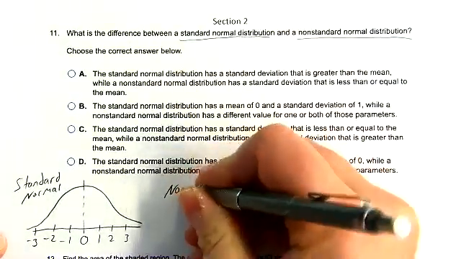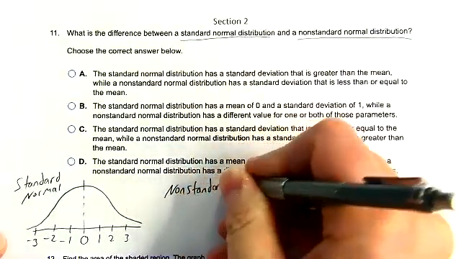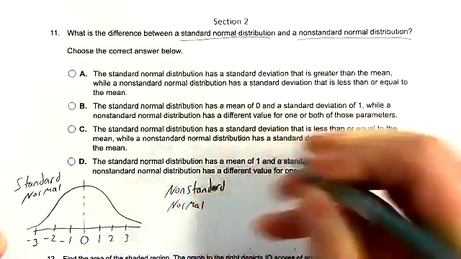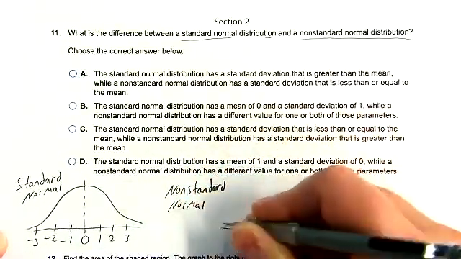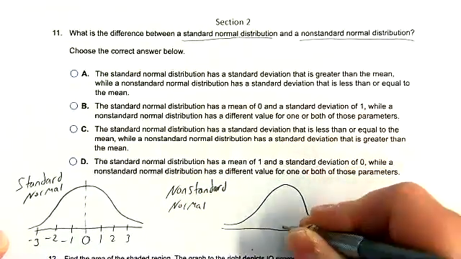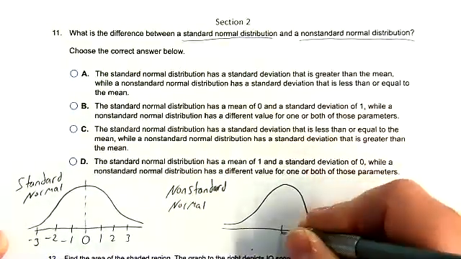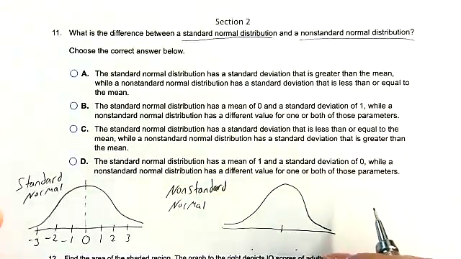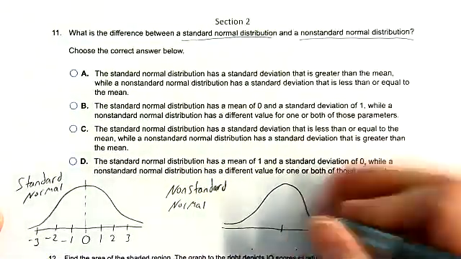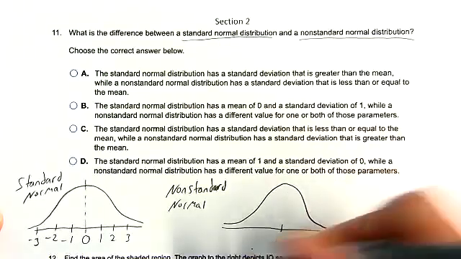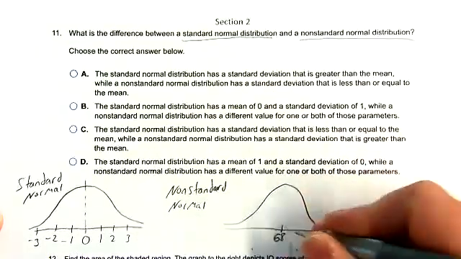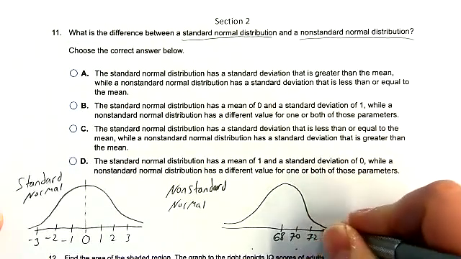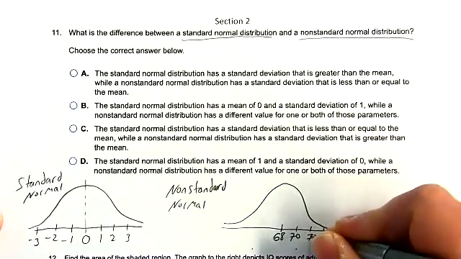A non-standard normal could have any numbers down here. So we might have, let's say we have the mean height of men or something, so in inches. So we have 68, 70, 72, 74.